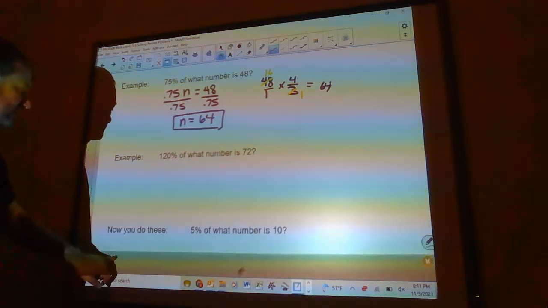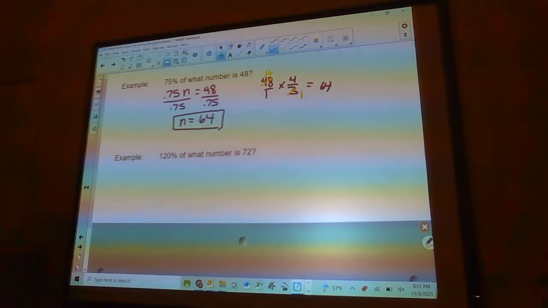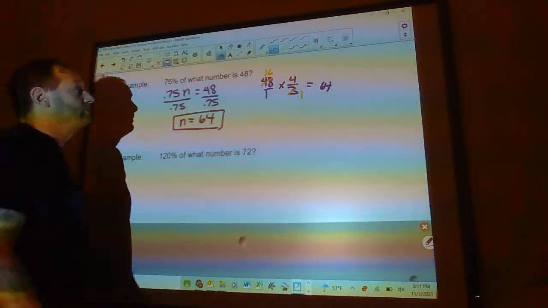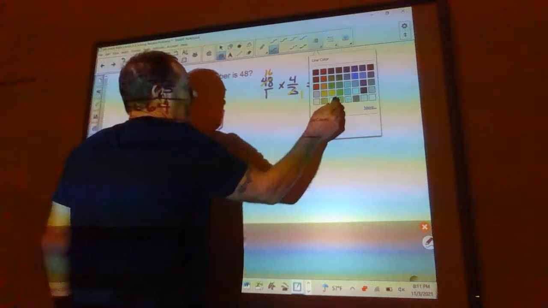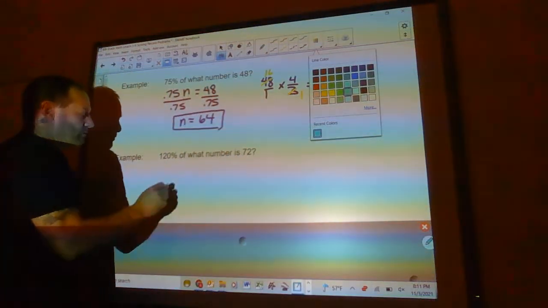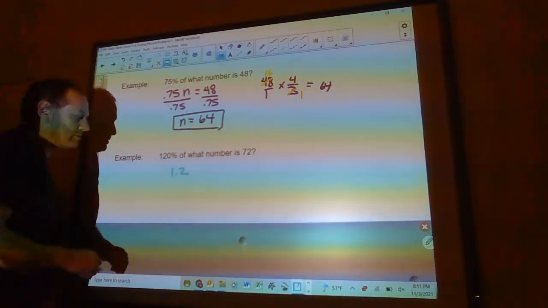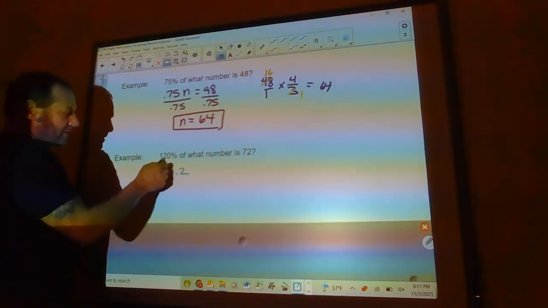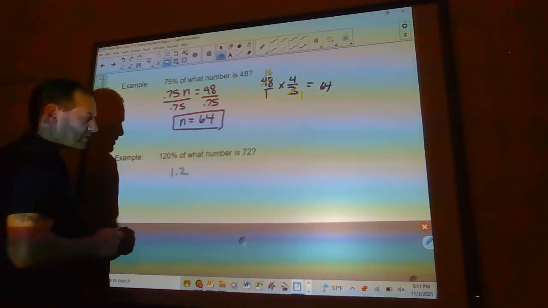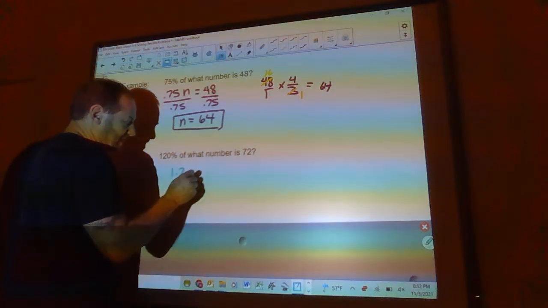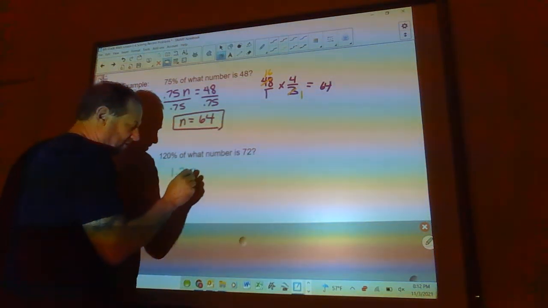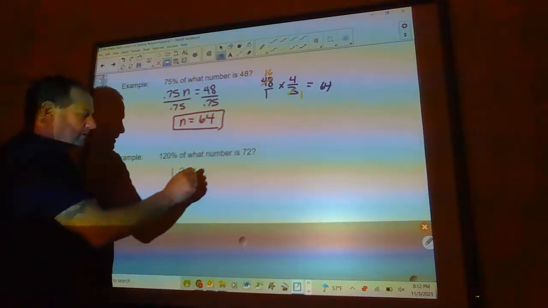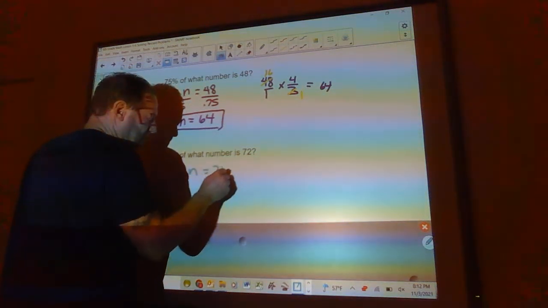Ooh, this one's different. 120% of what number is 72? Okay, what fun. So 120%, that's going to be 1.2. Remember, 100% is 1, so 120% is 1.2 of what number? So times a variable, we'll call the variable n for number, is 72.